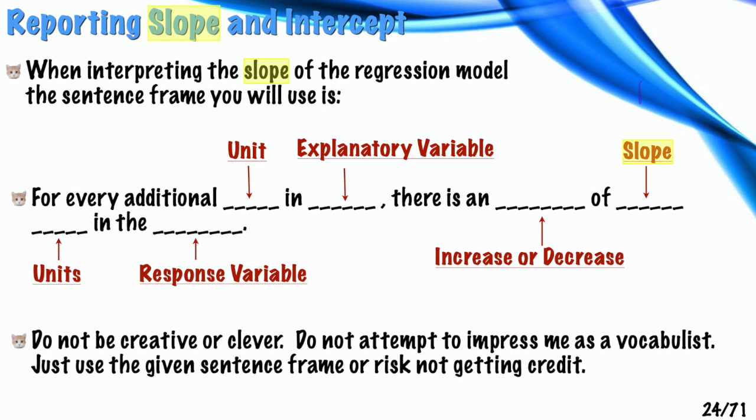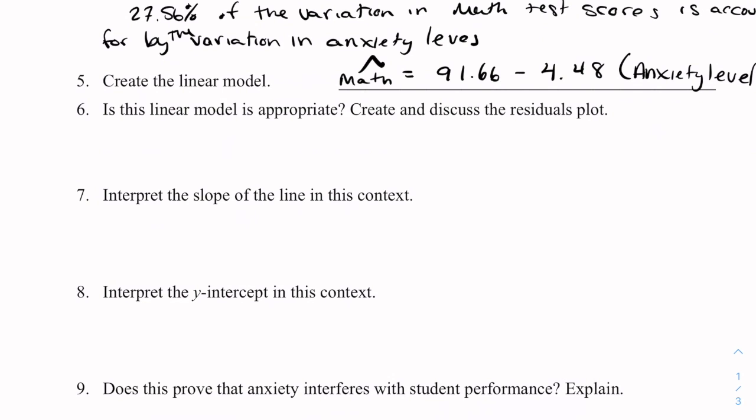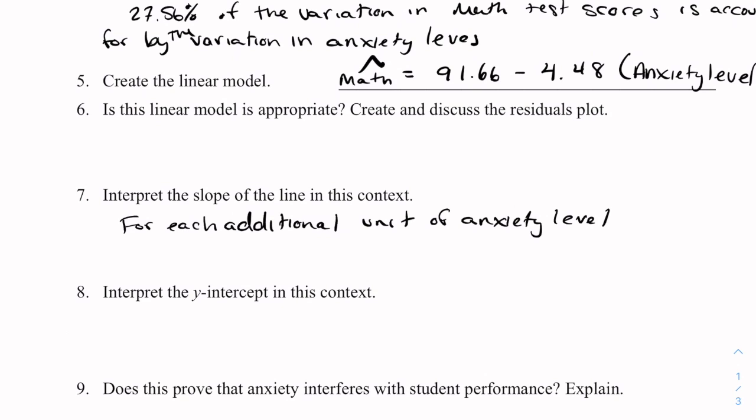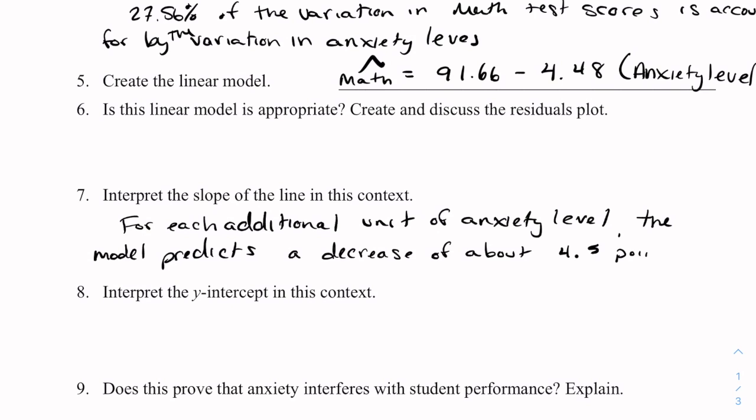For every additional blank in blank, there is an increase or decrease of slope in the response variable. We will write, in this case, for each additional unit of anxiety level, the model predicts, there's our squishy words, a decrease of about 4.5 points in the math test score.